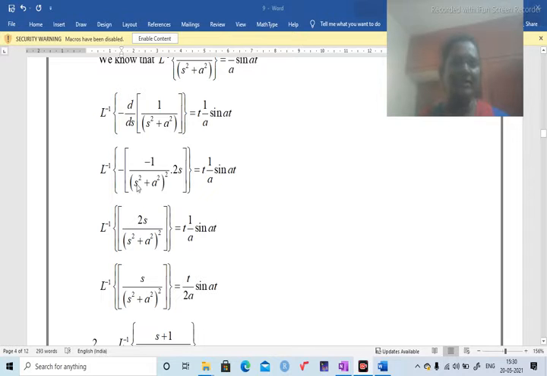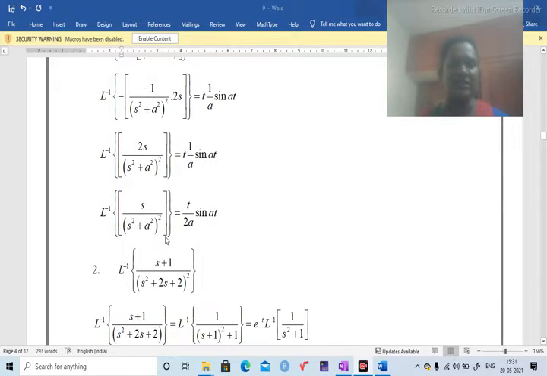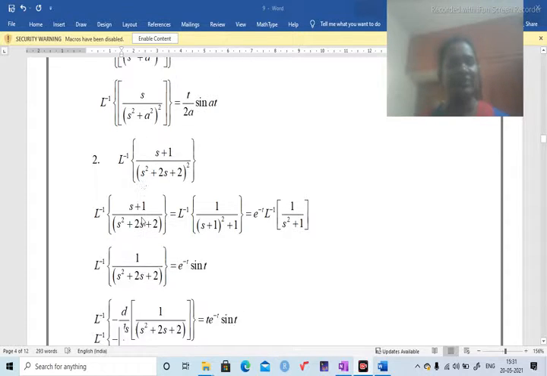So rearranging these terms, we are going to get 2s by s square plus a square whole square. So again take this 2 outside and send that to the RHS. Multiplication becomes division. So this is the answer for the inverse Laplace transform of the given function.